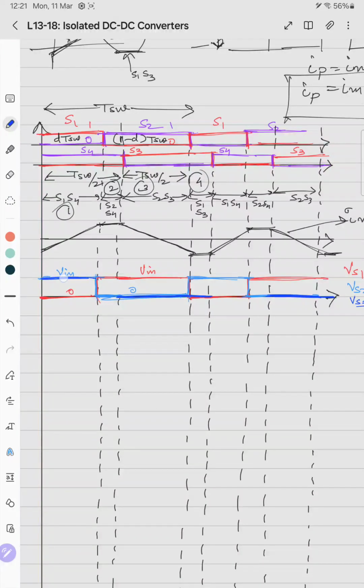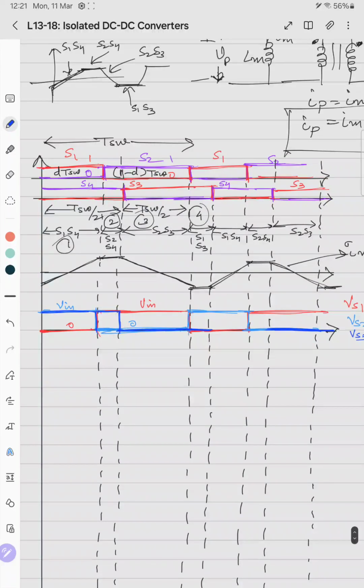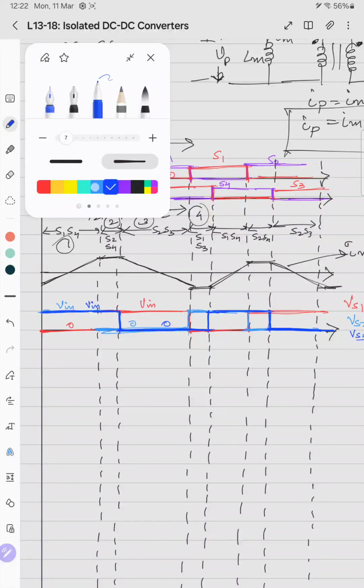Again it is Vin. And when S2 S4 is on, S4 is on, again Vin. So it is like this. I made a mistake. It is like this. Then again like this. To clearly differentiate between the light blue and the dark blue color.